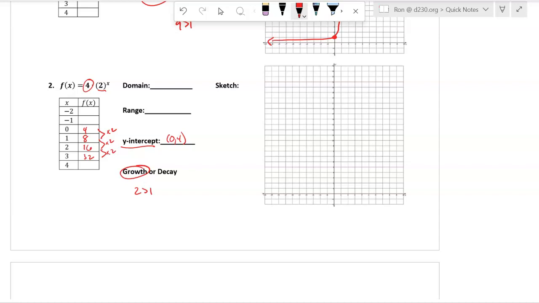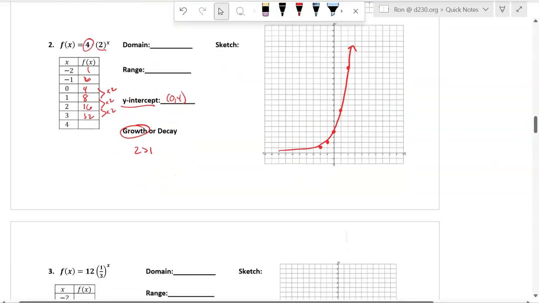So I'm going to go 0, 4, 1, 8, 2, 16. Now I know I could also divide to go backwards, so that'd be 2 and that'd be 1. So it'd be negative 2, 1, and negative 1, 2. And if I go ahead and sketch this graph, here's how it would look.